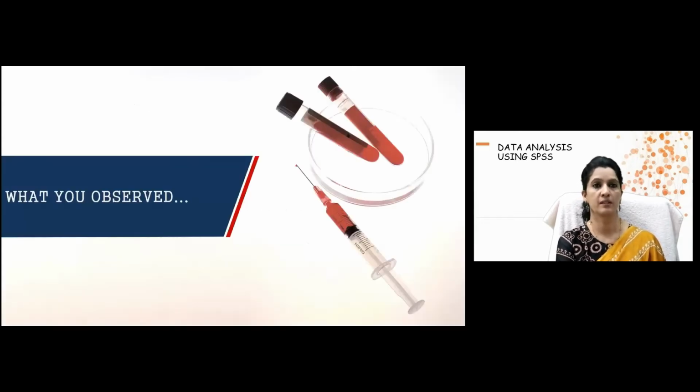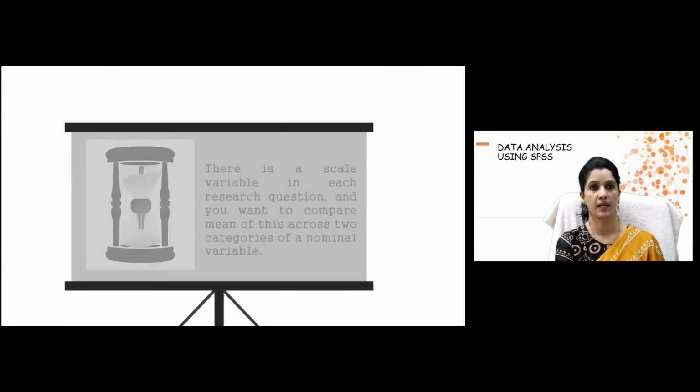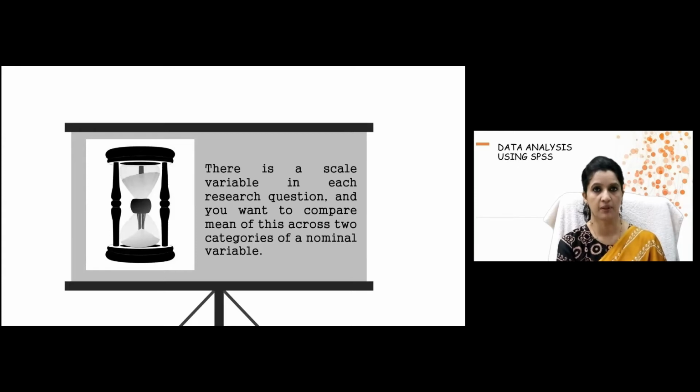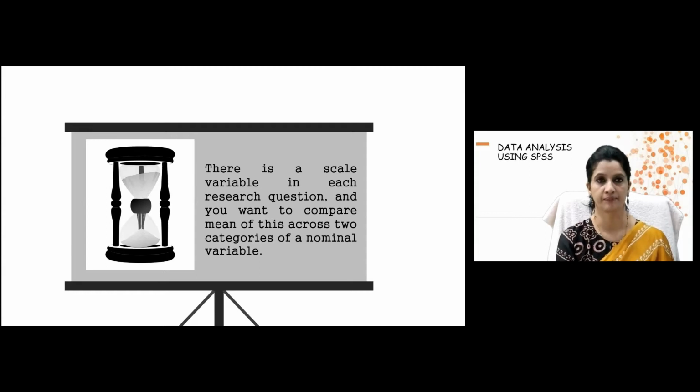So in all these three questions, what have you observed? There is a scale variable in each research question, and we want to compare the mean of this scale variable across the two categories of a nominal variable.